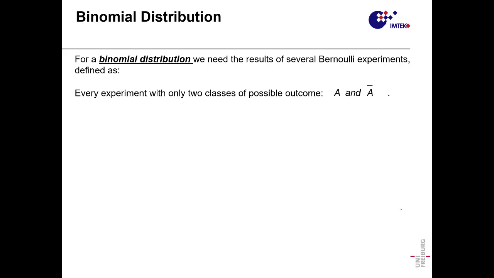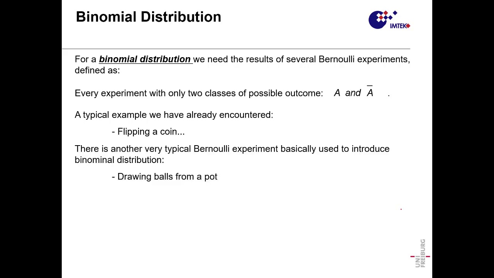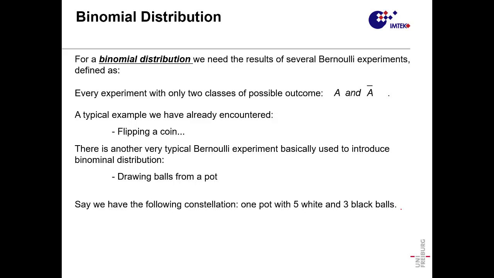Again, we are talking about two types of outcomes, 0 or 1, A and A complementary, like death and life, success or failure. Like flipping a coin many times, or for example drawing balls from a pot with replacement, with two colors, black and white, or red and blue. That could also be an example of Bernoulli and binomial distributions.